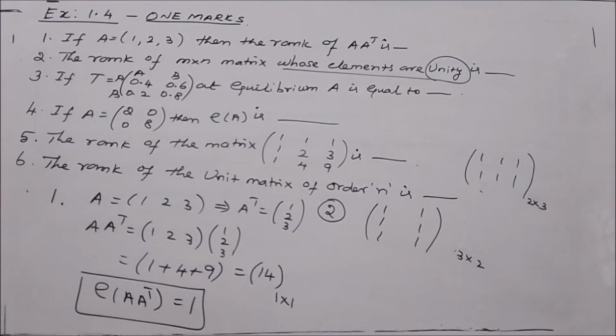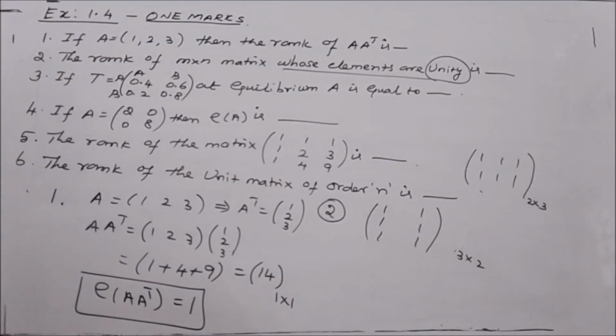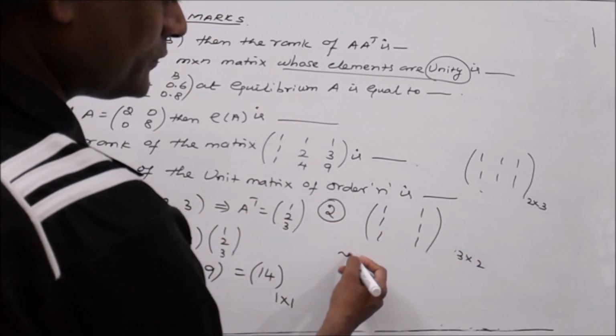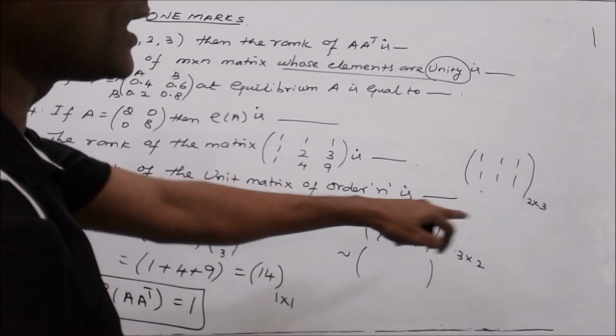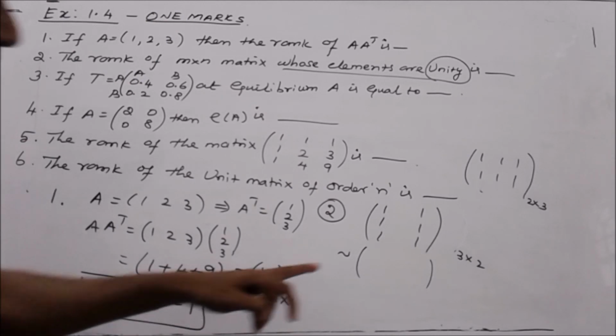If you take any M cross N matrix whose entries are all 1, then what will be the rank? Now, all the rows are identical, so we can subtract rows, which is equivalent to applying an elementary transformation.